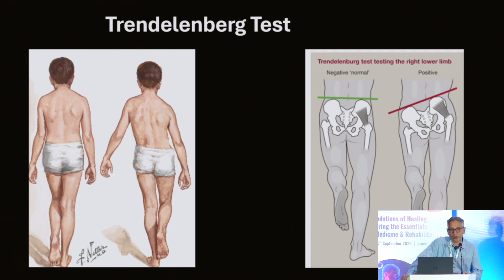Or it can be due to a problem of the power generator, that is the gluteus medius. So what happens in Trendelenburg gait when the patient has a problem on the left side? His gluteus medius is attached to the outer aspect of the ilium, and it is inserted into the, where is it inserted?